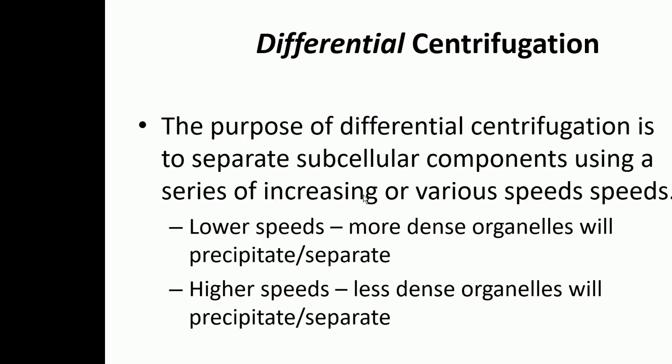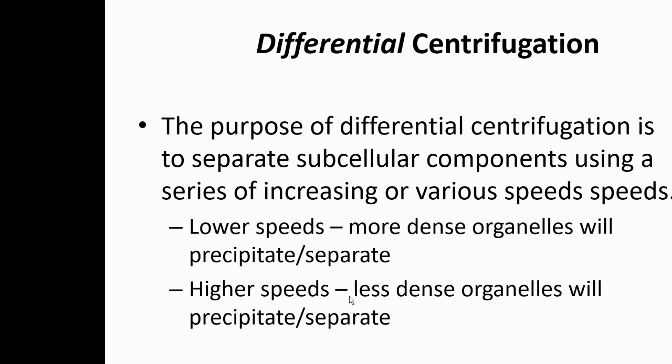The purpose of differential centrifugation is to separate subcellular components using a series of increasing speeds. When we use a low speed, the more dense organelles will precipitate, and at higher speeds, less dense organelles will precipitate.